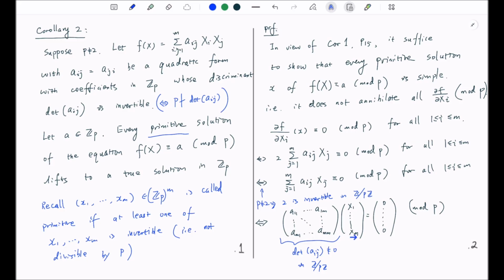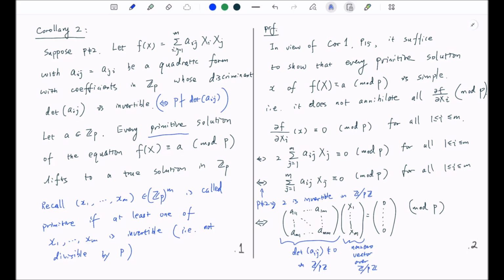And we look at this vector x1 through xm. We assume that this is a primitive solution. That means at least one of x1 through xm is invertible, i.e. not divisible by p. So over Z mod pZ, this is a non-zero vector.